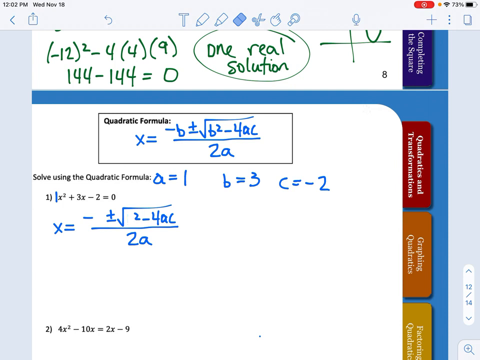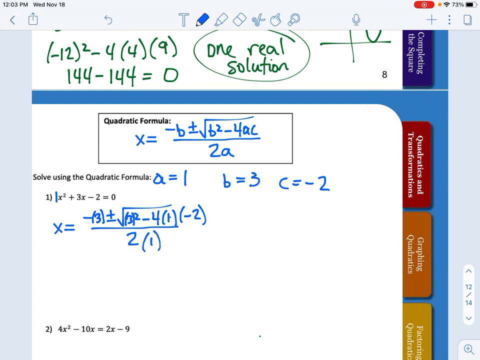So if I know b is equal to 3, I'm going to put 3 in here. If I know a is equal to 1 and c is equal to negative 2, I'm going to insert those in where they go.